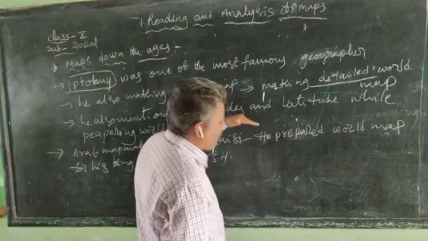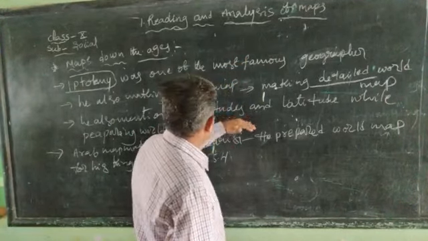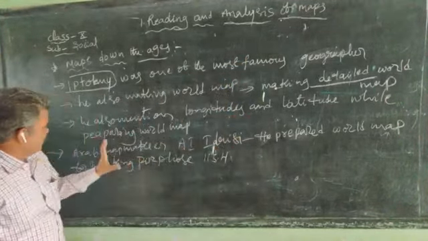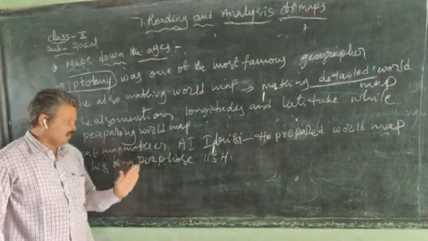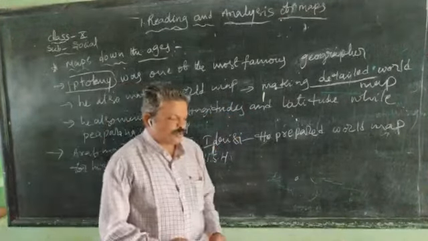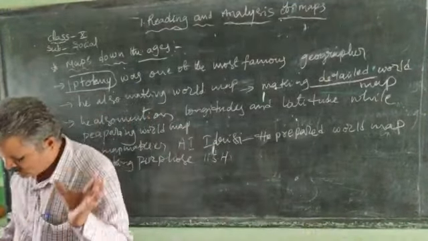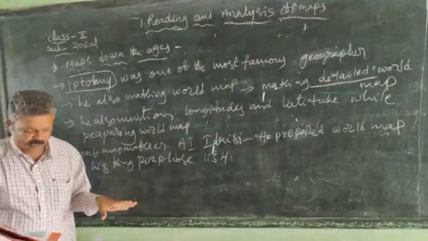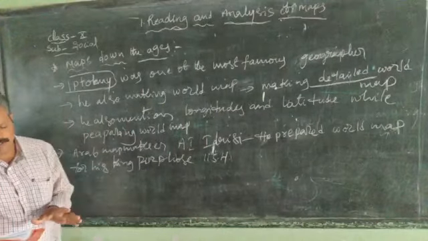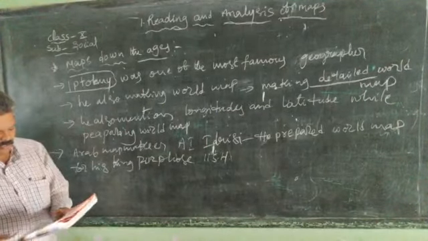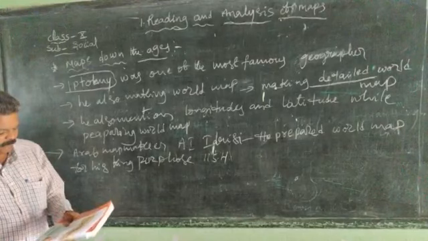So Idrisi, the Arab map maker, also prepared a world map. But what things did he mention in his map?